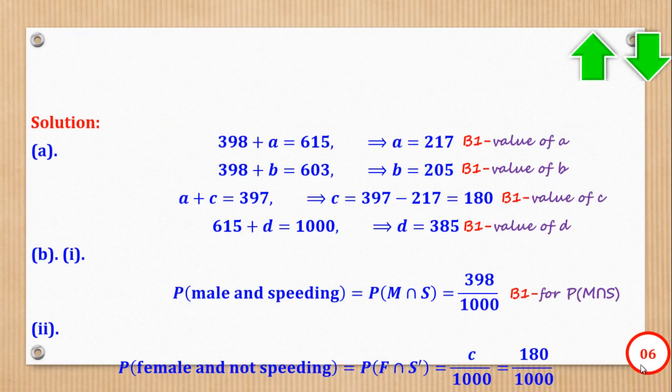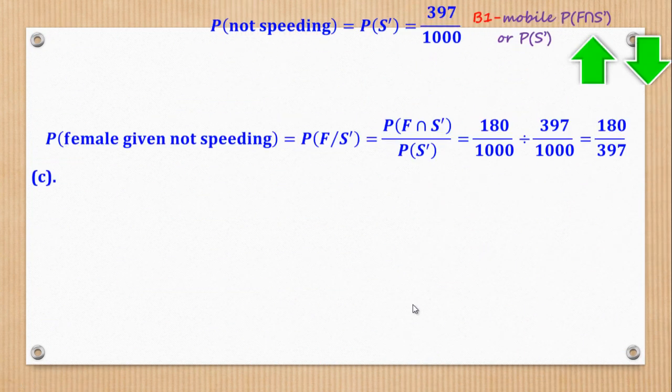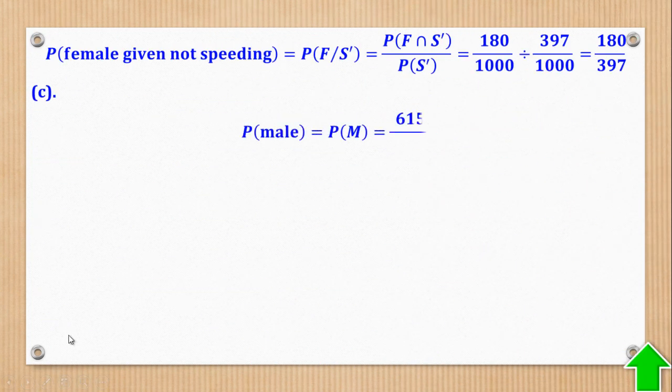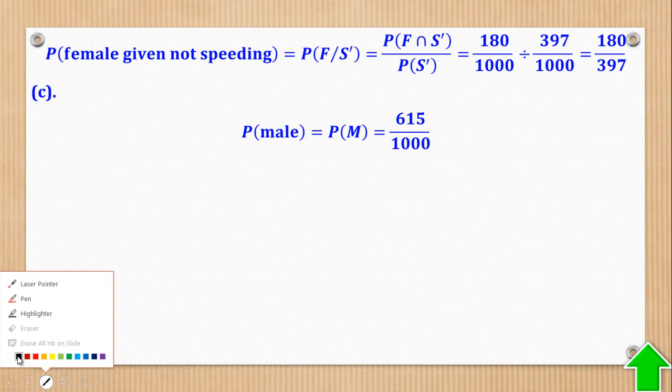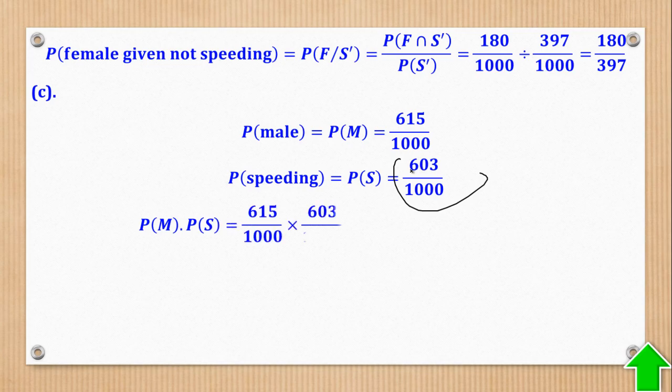So you'll come here and look at the probability of male and the probability of speeding, then also compare it with the probability of male and speeding. The probability of being male is that, the probability of speeding is this. When I multiply the two, this is what I'll get.